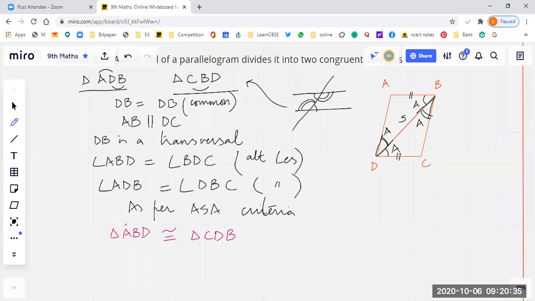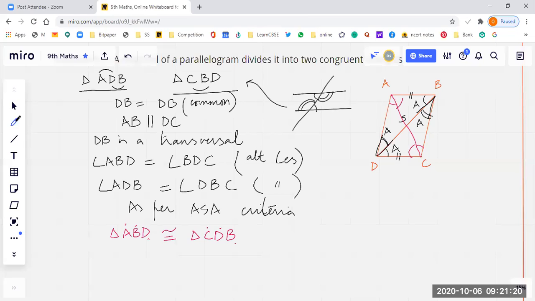Because angle A is equal to angle C, angle B is equal to angle D, alternate angles, and angle D is equal to angle B. So these two are congruent. When these two are congruent, I've proven that a diagonal in a parallelogram divides it into two congruent triangles. Students, you can take this other diagonal also, it doesn't matter. You can prove that this angle is equal to this angle, AC is common. You can prove it that way also.